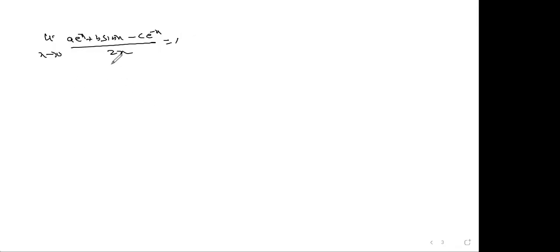We got it once again. Once again you start differentiating here. Once you differentiate, what happened here? a to the power of x again, and b cos x, and we get plus c e to the power of minus x, divided by 2, which is 1.